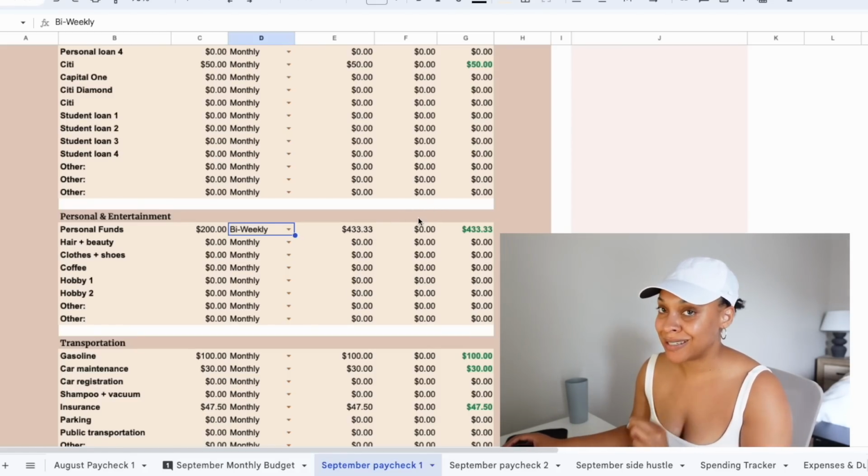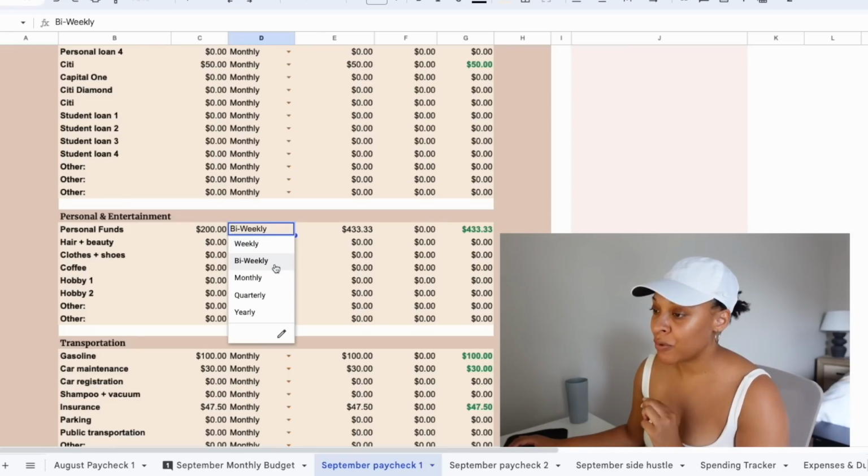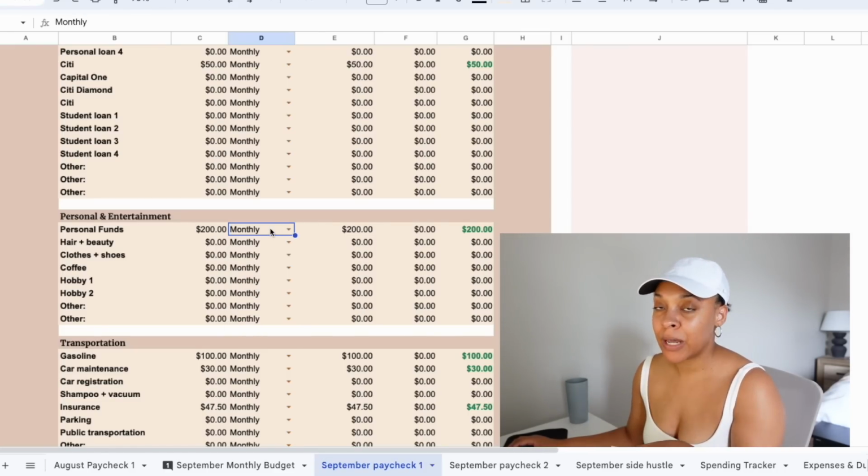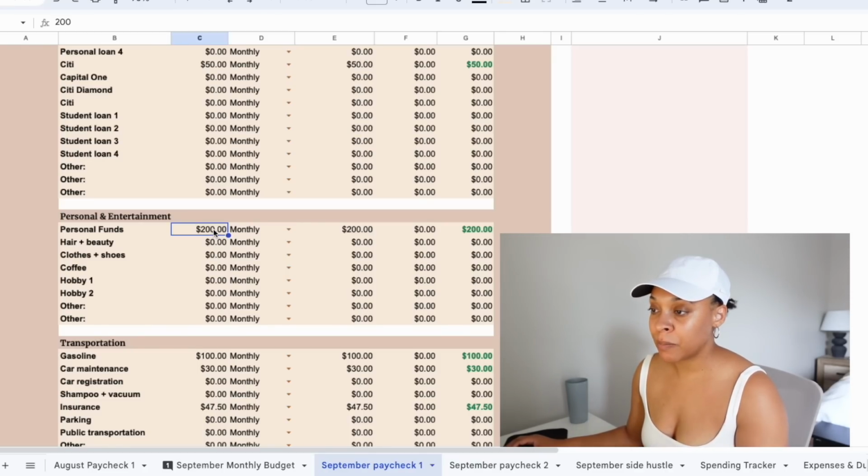So I always leave it at monthly, no matter if I'm budgeting weekly or whatever. If I'm wanting to budget $200 a month, I need it to show up as $200 a month. So that's a little trick if you have this spreadsheet.